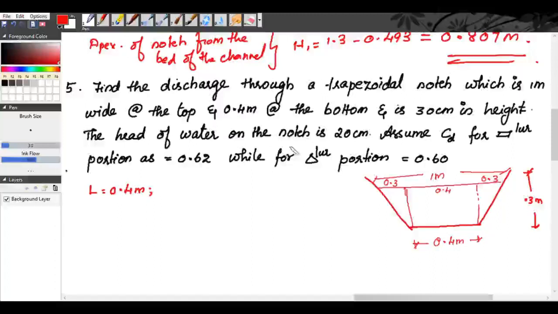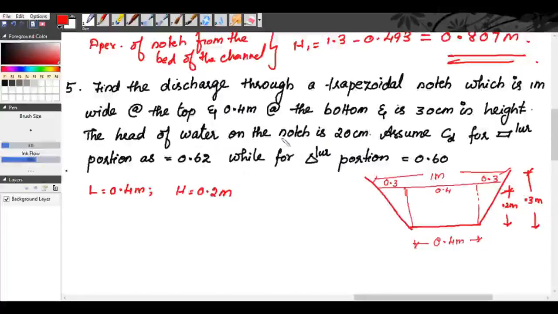The head of water on the notch is 20 centimeter. So head is 0.2 meter, somewhere here. Total height is 0.3 meter. Water is flowing.